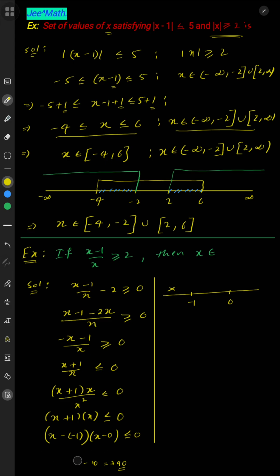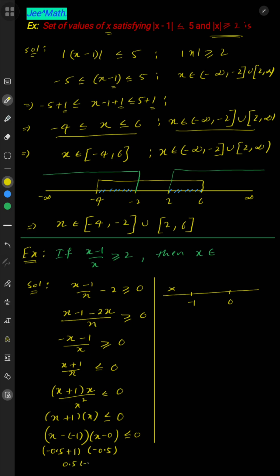Okay, so in that way, checking values of x lying between minus 1 and 0, for example, minus 0.5. Minus 0.5 you write in place of x. Then we'll see whether this inequality is satisfied or not. Minus 0.5 plus 1 is what? 0.5.